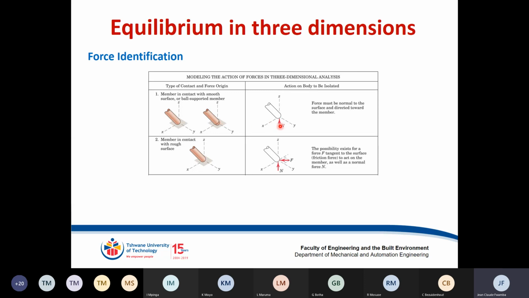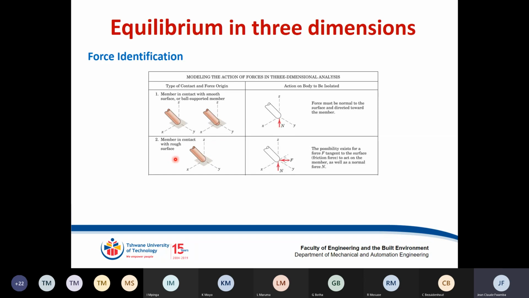We do the same as we've been doing: there will be only one force, your normal force, which will be perpendicular to the surface. Now, in 3D, your normal force in this case will be perpendicular to the floor. And that floor lies in your X and Y plane, right? So you have your normal force, which would be perpendicular to X and Y. That's how you go about drawing these two setups on your free body diagram.